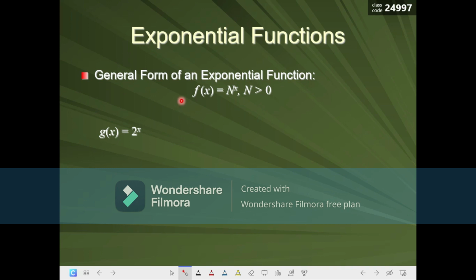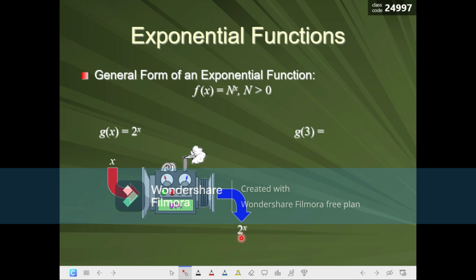Now, the general form of an exponential function is f of x is equal to n to the power of x, wherein n is greater than 0. Let's have g of x is equal to 2 to the power of x. This is our value of x, this is the function g of x, and this is the exponential function 2 to the power of x.